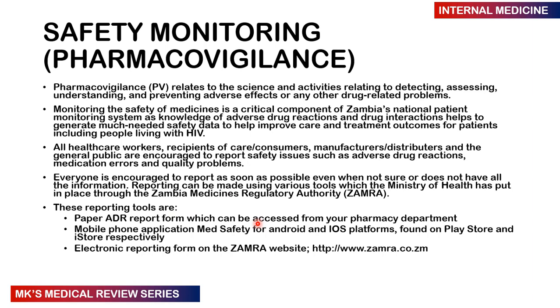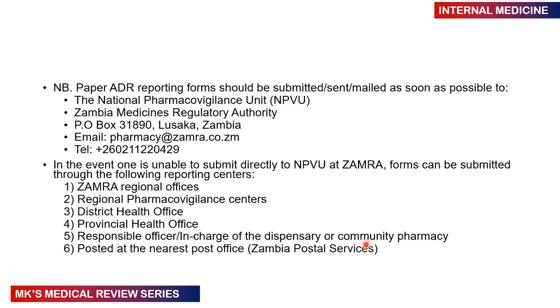Then of course your mobile phone applications like MedSafety, which can be found on Android and iOS platforms, in the Play Store and the Apple Store respectively. And of course the electronic reporting, which is at the ZAMRA website, www.zamra.co.zm. And if you're using the paper-based submission, this is the address over there.